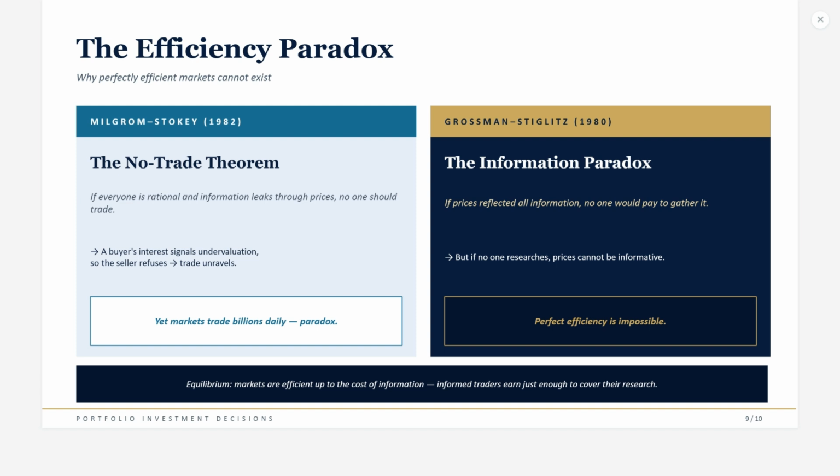The buyer's interest signals undervaluation, so the seller refuses and trade unravels. Yet markets trade billions daily, so the paradox remains. In equilibrium, markets are efficient up to the cost of information, so informed traders earn just enough to cover their research.